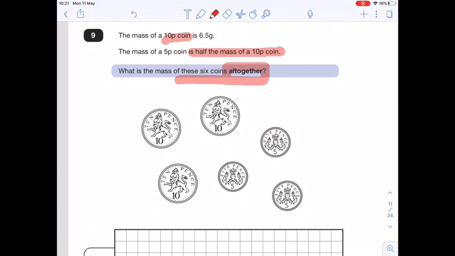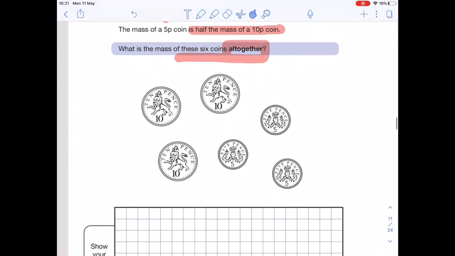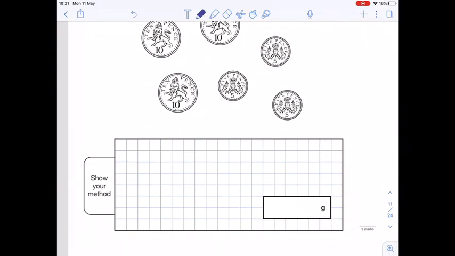Okay, so we know that a 10p coin is 6.5 and a 5p coin is half of that. So the first thing I want to know is how much the 5p coins are. That would be my first action. So for 5p, in here I'd want to see 5p equals 6.5 divided by 2, and then work out your 6.5 divided by 2. 2's into 6 goes 3, decimal point. 2's into 5 goes 2, I've got 1 left over and I'm going to add a 0, aren't I?